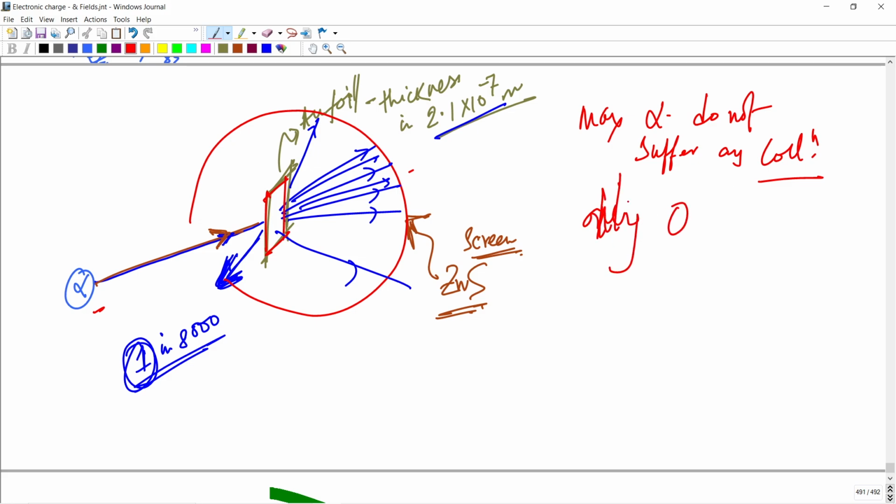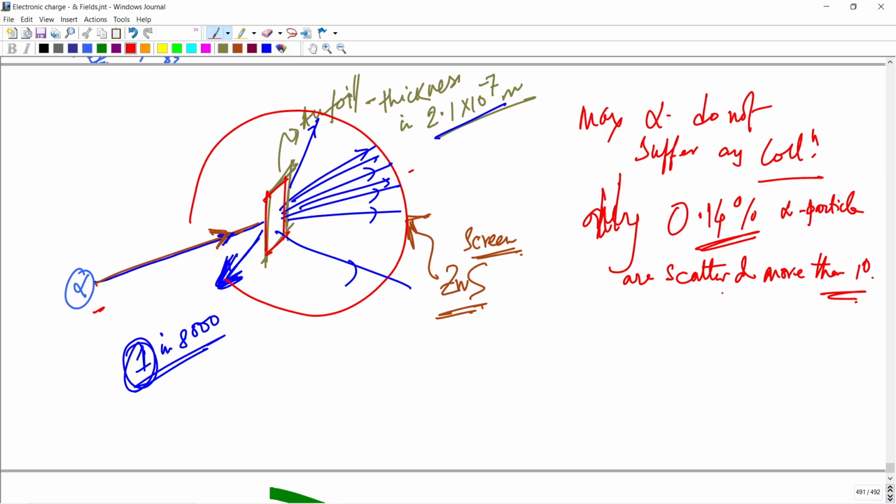Only 0.14% of alpha particles are scattered more than 1 degree.